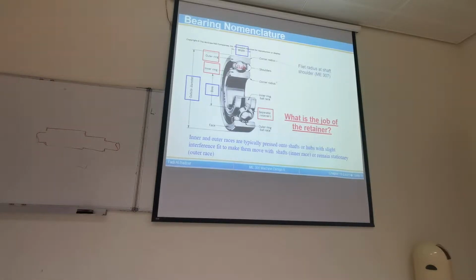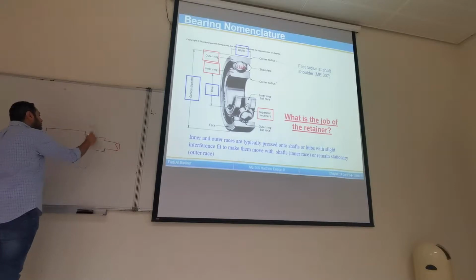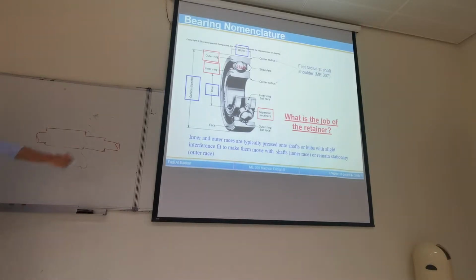The second job is to transfer the thrust loads. For example, if I have a helical gear here, a helical gear tends to induce thrust load. So this axial load, how can I transfer it to the bearings and to the structure? If there is no shoulder here, the gear will move with the load.